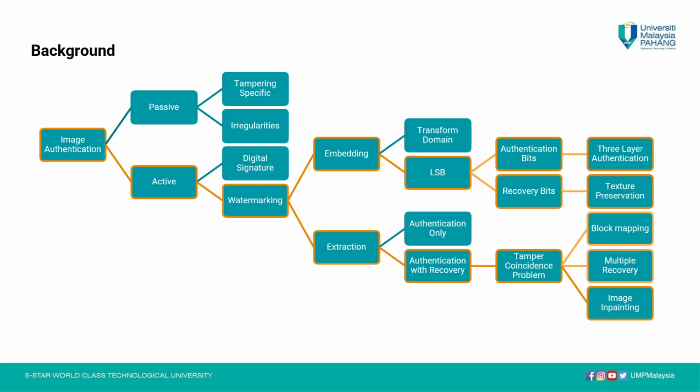Image authentication is divided into two in this research: passive image authentication and active image authentication. In passive image authentication, we have no prior data. We have no data on what the original image is like or how the tampering was made. We have only the manipulated image or modified video.